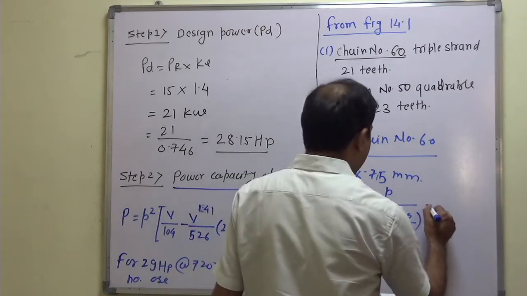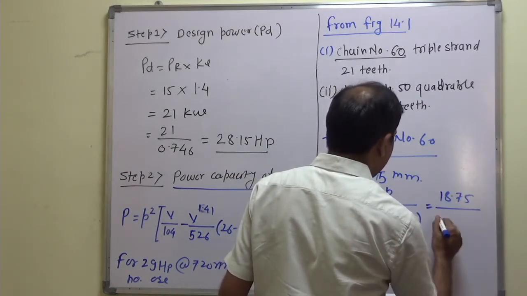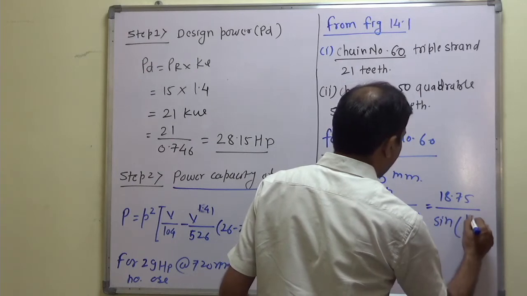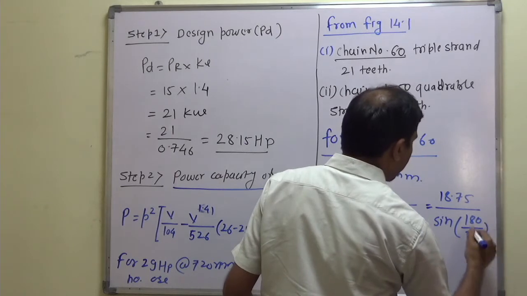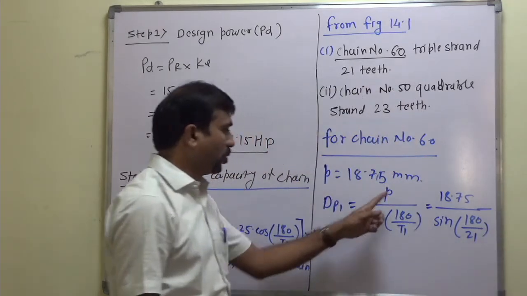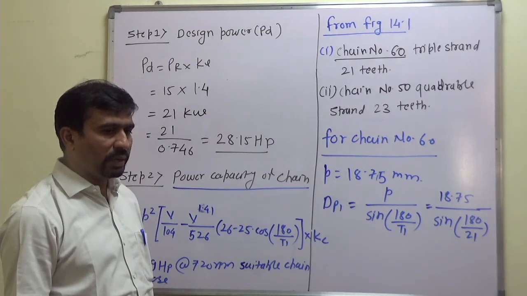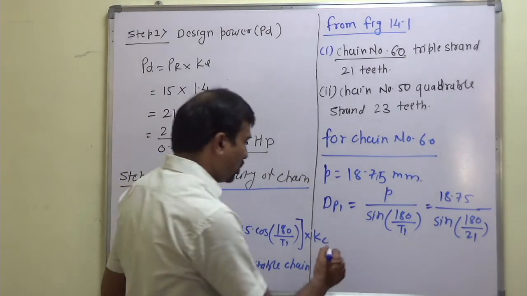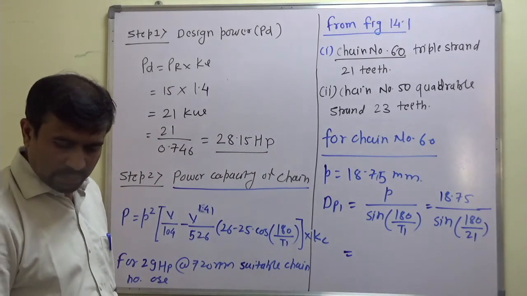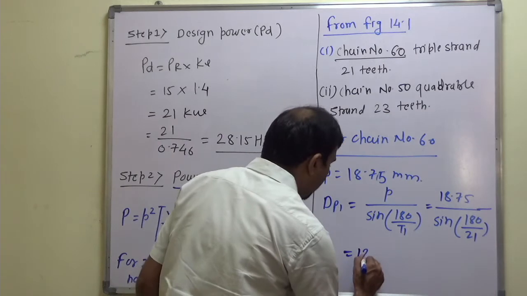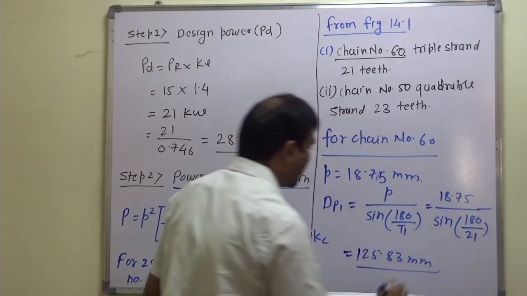So this is 18.75 divided by sine 180 divided by 21 teeth we have selected for chain number 60. This formula is given in table number 14.1. Accordingly we can calculate this. So dp1 comes out to be 125.83 mm. You can calculate and check it.